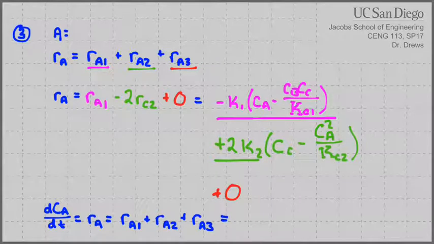Which I'm just going to replace with colored boxes. So we had that big term in purple, or fuchsia, whatever you want, the big term in green, and then 0.